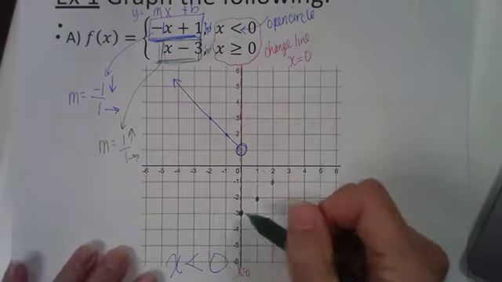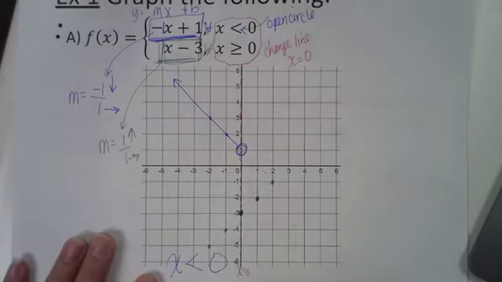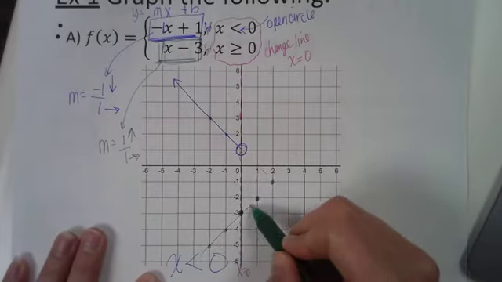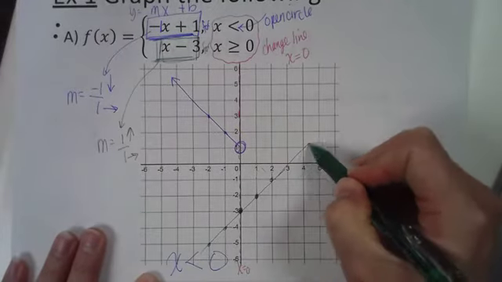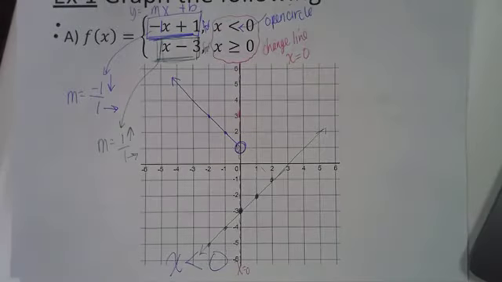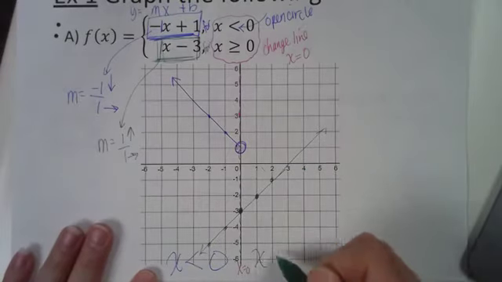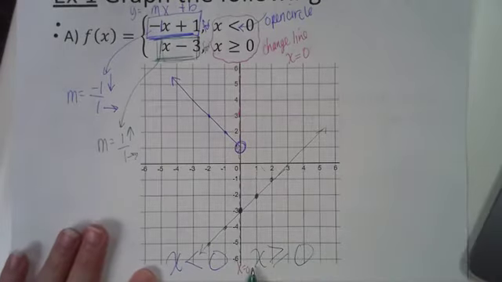I might also want to reverse that and go the other direction. And so I get this very long line that would normally go forever in both directions. But I don't want the whole line. What do I want? Yeah, greater than or equal to 0. We want x is greater than or equal to 0.